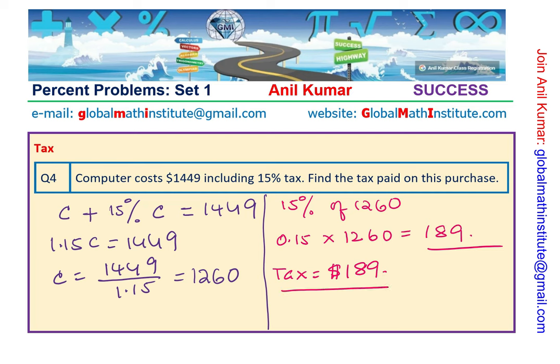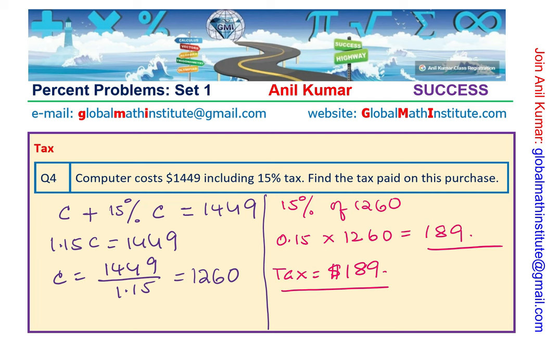Now we have learned shortcut methods of doing the things. Right? This includes 15% tax, right? So that means in this cost of 1449, 15% is the tax and 85% is what? 85% is the cost, right? That is the combination which gives you this particular answer.